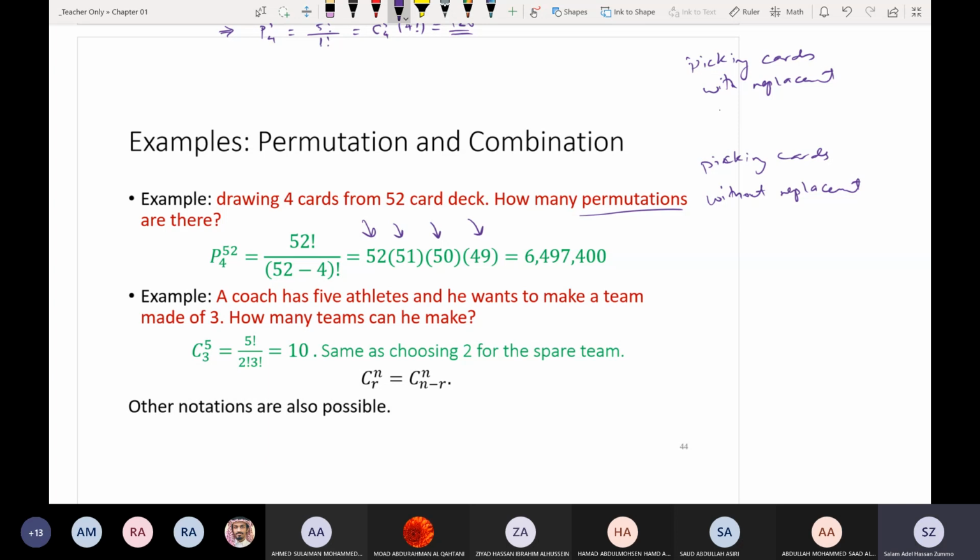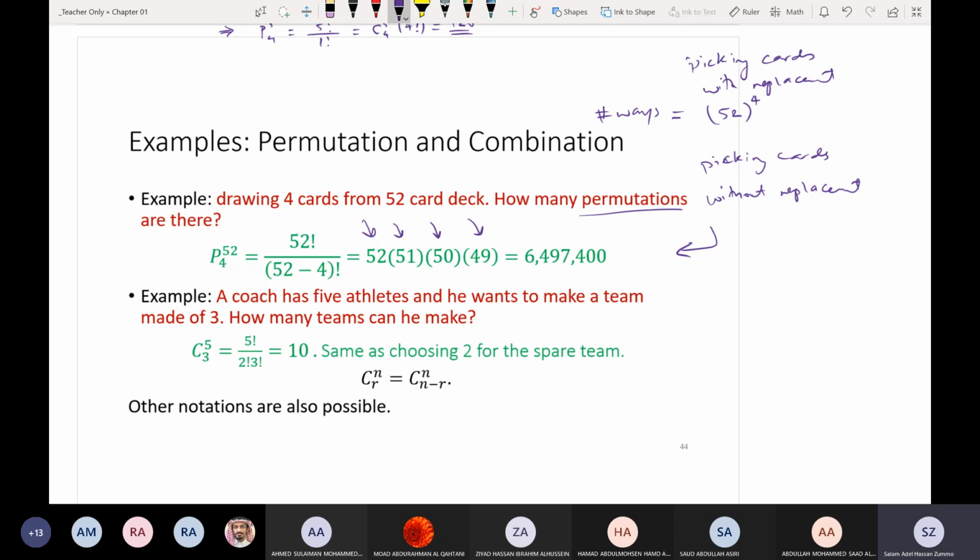It's 52 to the power 4. Number of ways. While picking cards without replacement, the number of ways is: the first time 52, the second time 51, and so on.